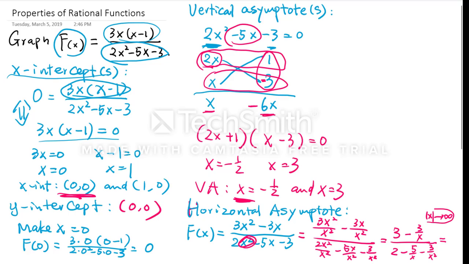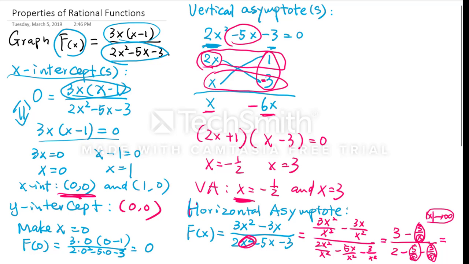Okay, so if your x goes to infinity, now imagine these x are really big numbers. And do you agree that this 3 over x will be close to 0? Similar here. If x is a really big number, then this 5 over x will be close to 0, and 3 over x squared will also be close to 0.